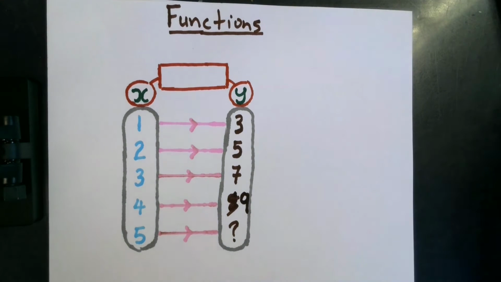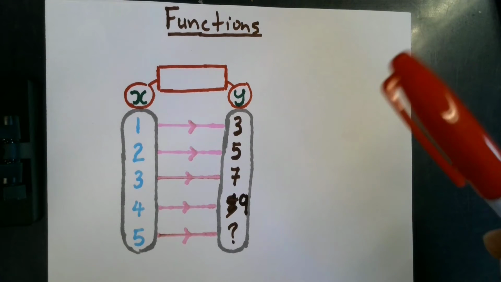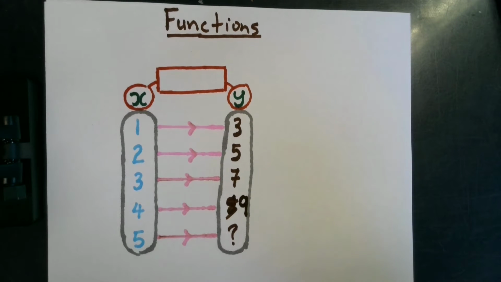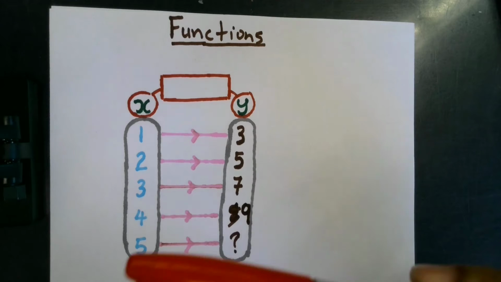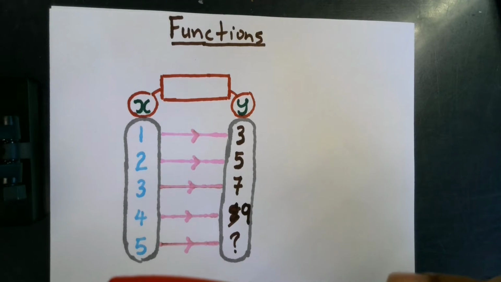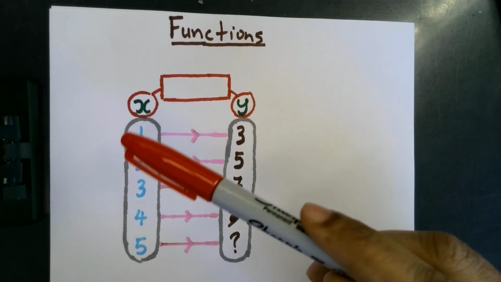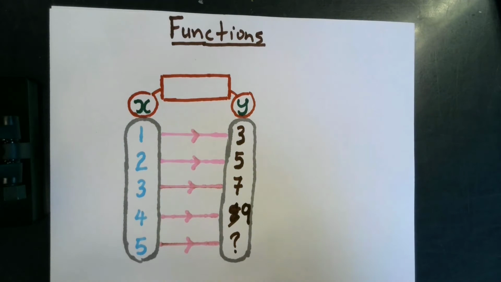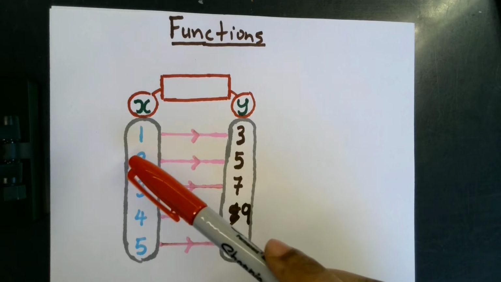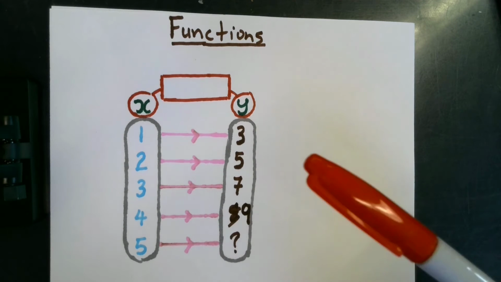Now, I want for you to take a minute and you are going to create a formula that contains X. When you use this formula, it would take 1 and give you 3. It would take 2 and give you 5.